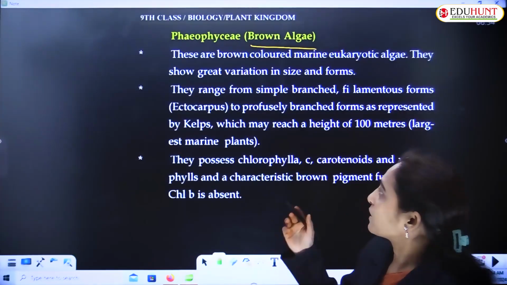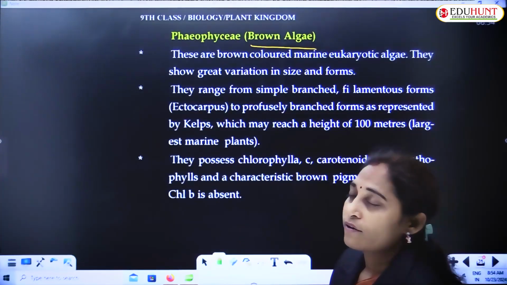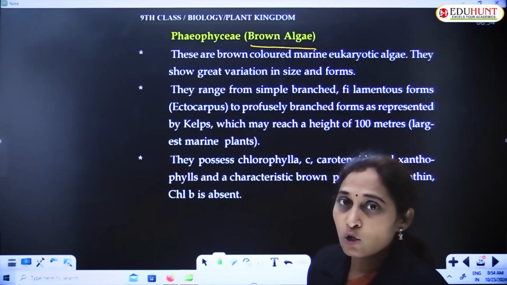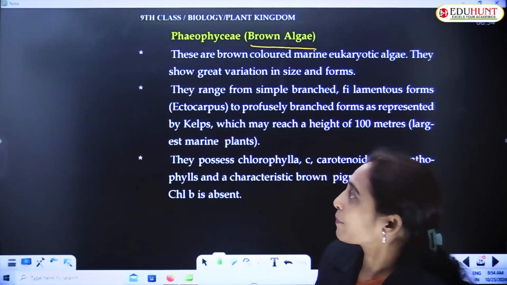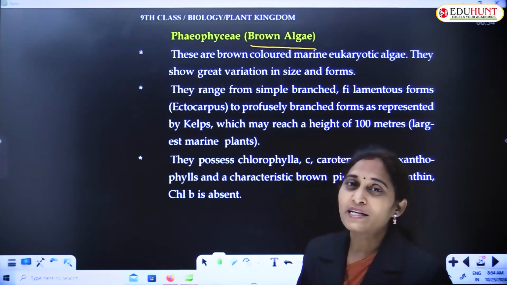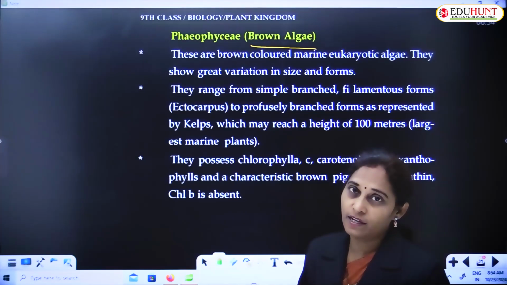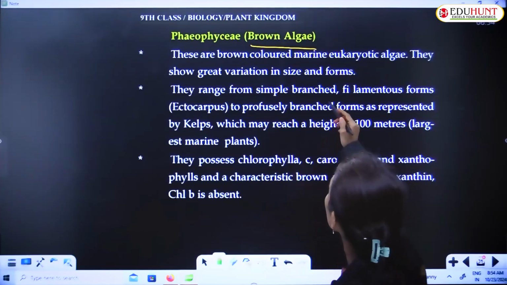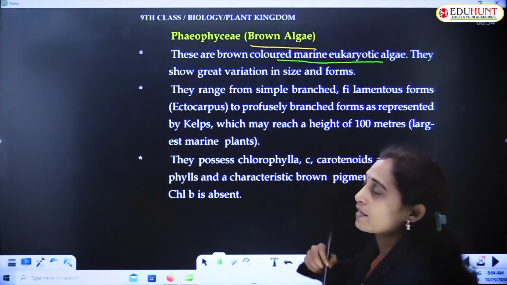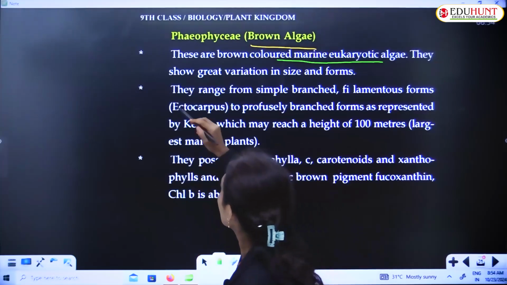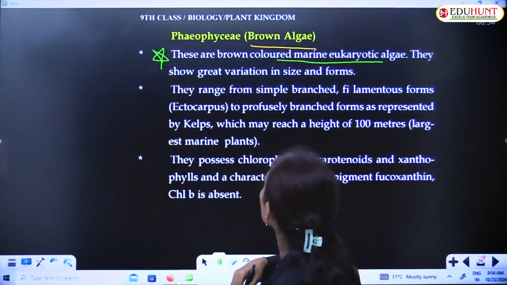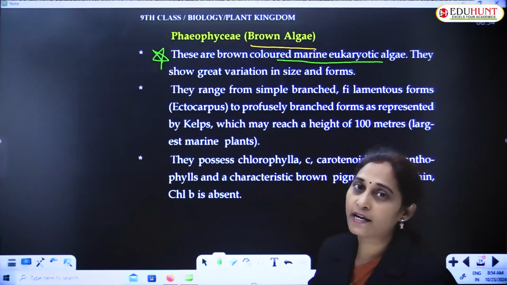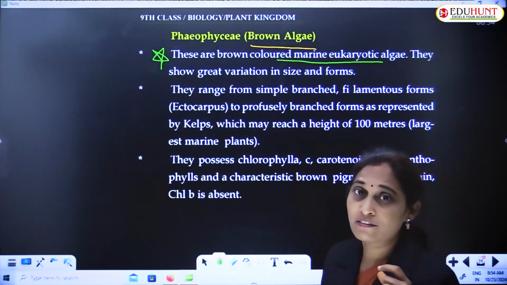They look brown in color because the dominant pigment is not chlorophyll A and B. These are exclusively marine eukaryotic algae. This must be remembered.